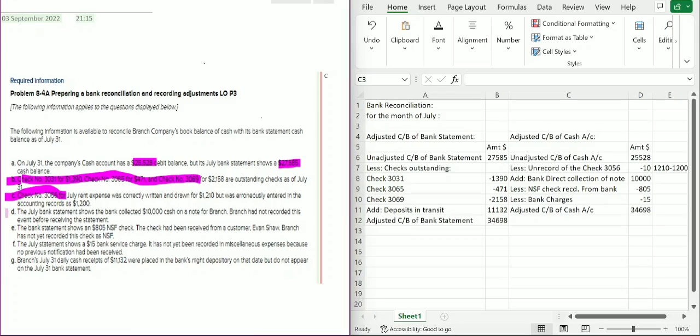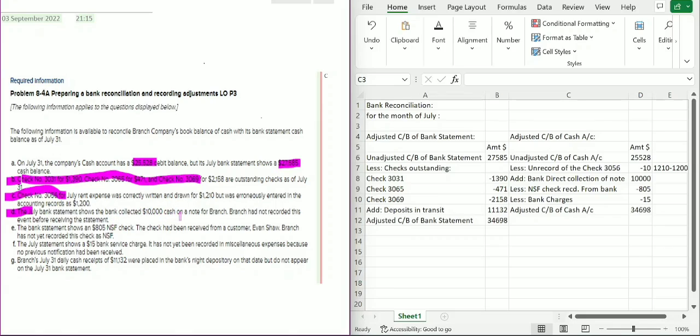Now we go to the next point, that is D. The July bank statement shows that the bank collected $10,000 on a note for the company. The company has not recorded this event before receiving the statement, because we can know only when we receive the statement. Before that, the bank had not informed us to record the collection of the note of $10,000.